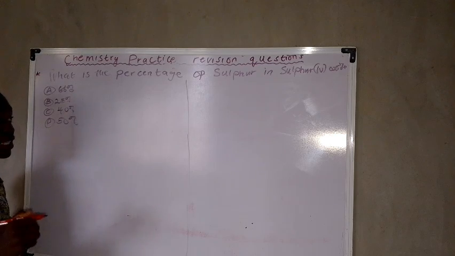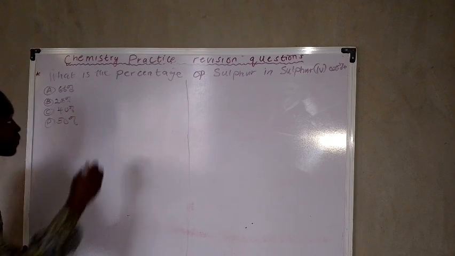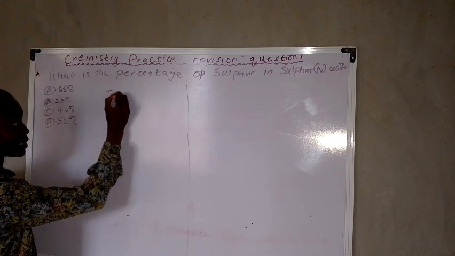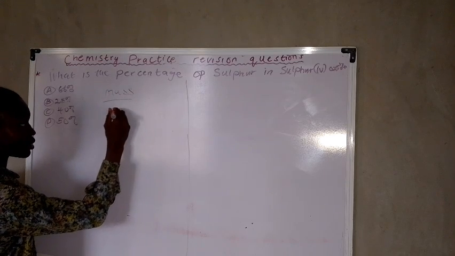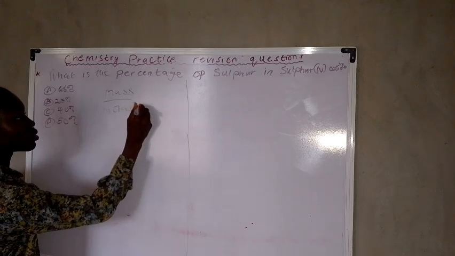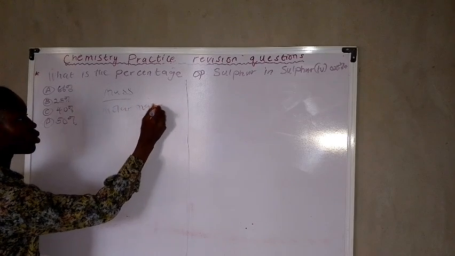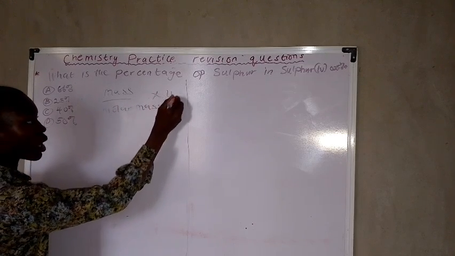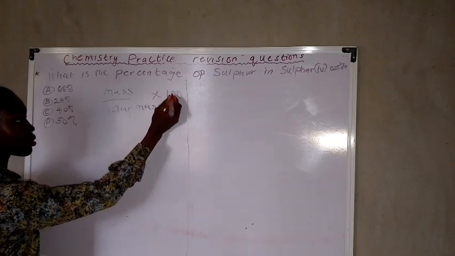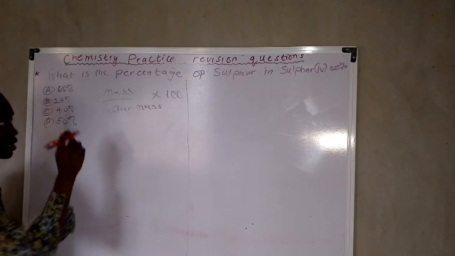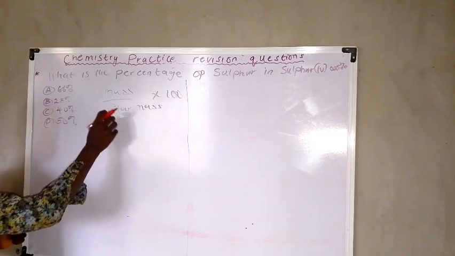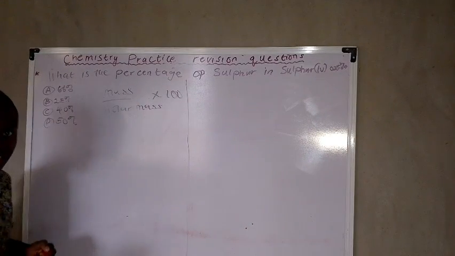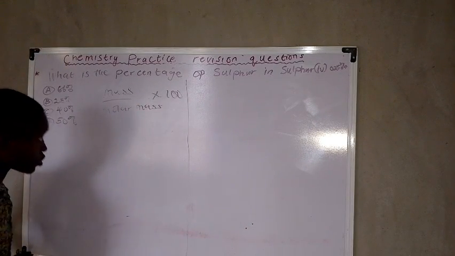Now the formula that must be noted is the mass of that particular element over the molar mass, times 100. This is the formula that must be noted when calculating the percentage composition of a compound.